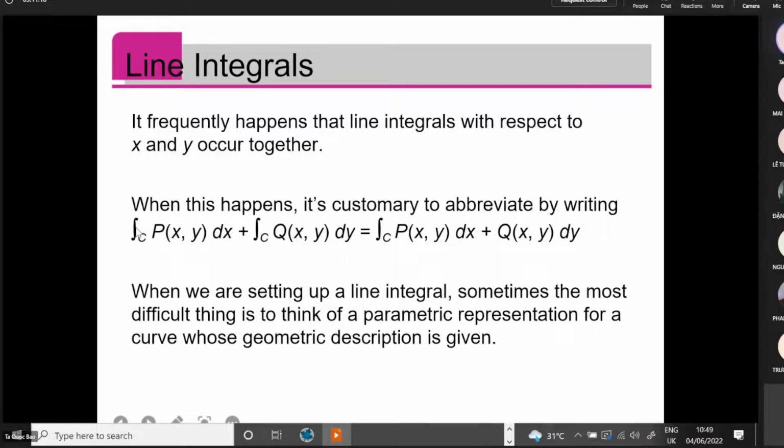In general, we have the integral of P(x, y) dx plus the integral of Q(x, y) dy, which equals the integral over C of P(x, y) dx plus Q(x, y) dy.